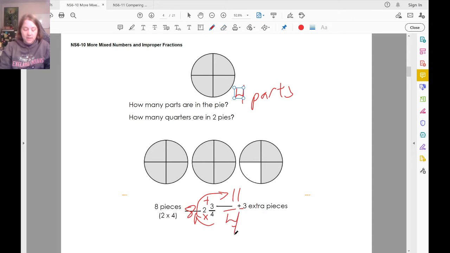So that's going to be 11/4 of a pizza, because in this pizza it takes 4 pieces to make a whole, and then let's count the number of slices just to double check. 1, 2, 3, 4, 5, 6, 7, 8, 9, 10, 11. Look, 11/4 of a pizza, or a pie, or a giant cookie, or whatever it is that you want to imagine this as.